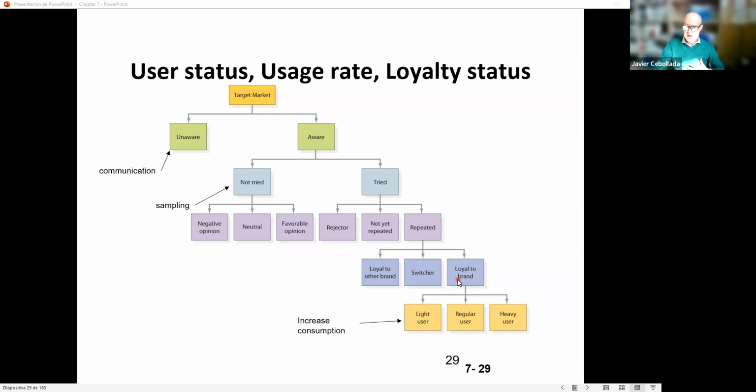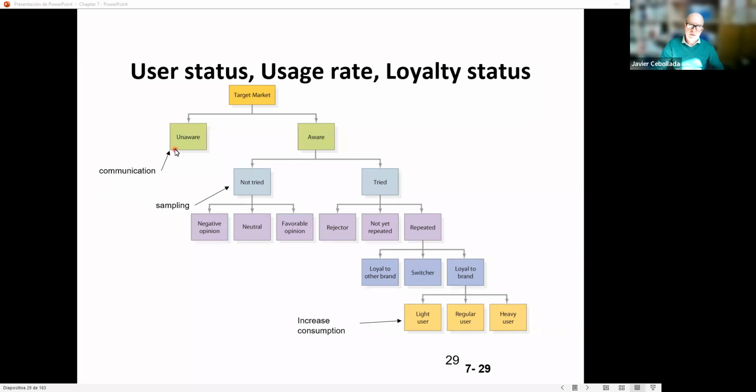Okay? And among the loyal, some of them may be light users, in the sense that they buy or use the product with a low frequency or at a low rate. Others regular users, and others heavy users. And for each of these different groups of consumers, different marketing actions should be taken.